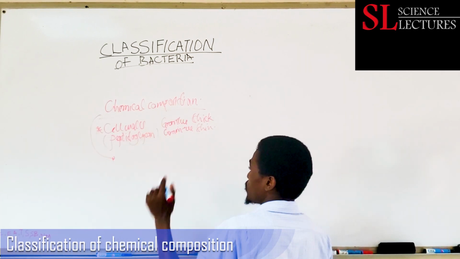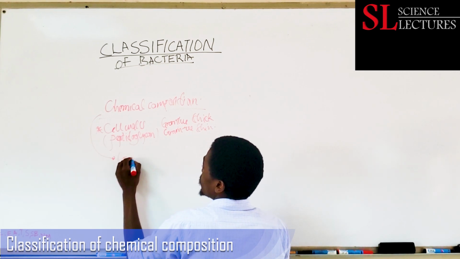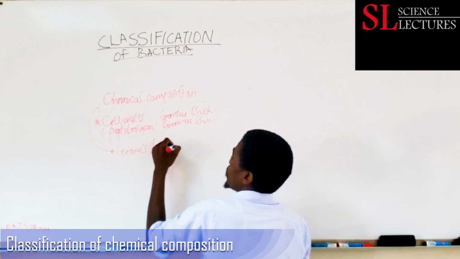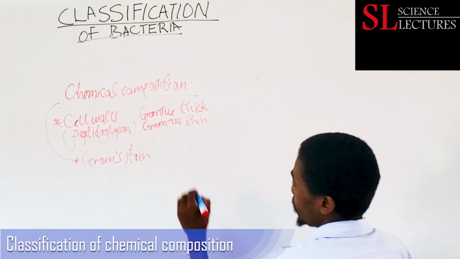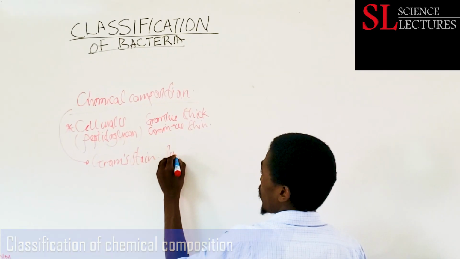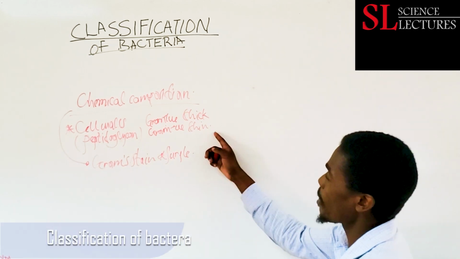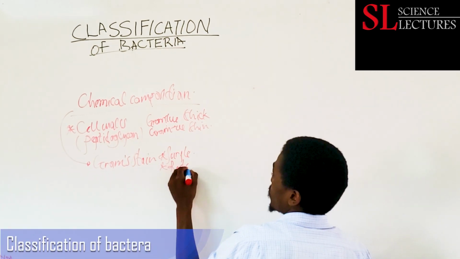Okay, this change in chemical composition gives a different reaction when we stain these bacteria with a stain like Gram's stain. So when we apply Gram's stain, gram-positive bacteria will get a purple color. We'll observe the purple color present. Then for the gram-negative bacteria, we'll observe the red color of the stain.